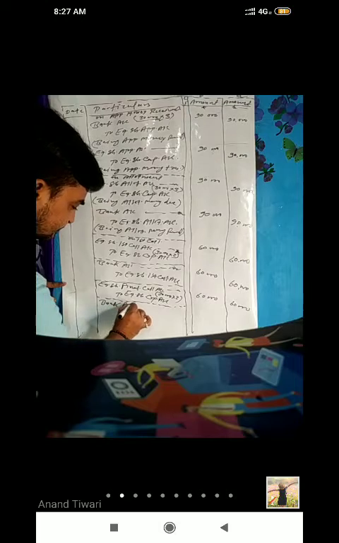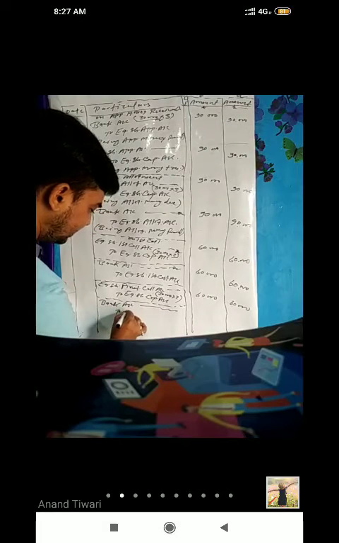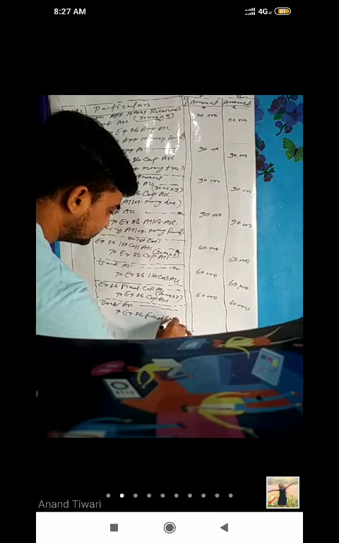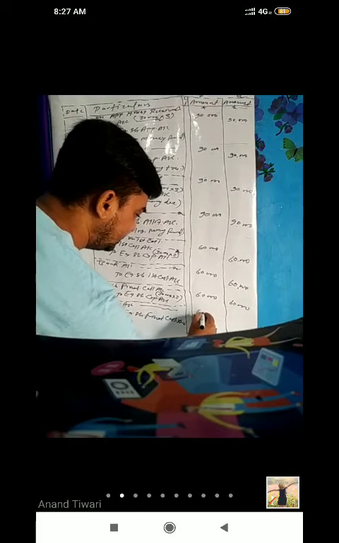The narration will be the same, being final call money due. Next, bank account debit to equity share final call account. The same amount will be there, 60,000 and 60,000. The narration will also be the same, being final call money received. Clear? Are these entries visible to you? Yes, it is visible.